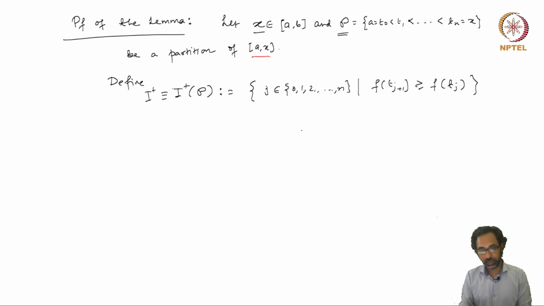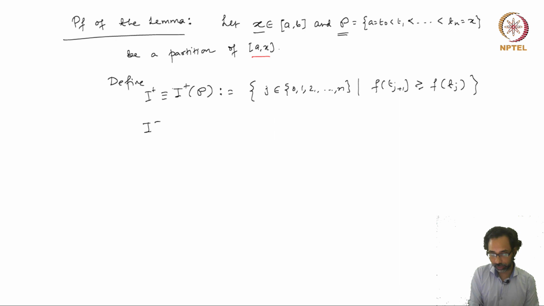These are the subintervals of the partition on which f has a higher value at the rightmost endpoint than at the left endpoint.